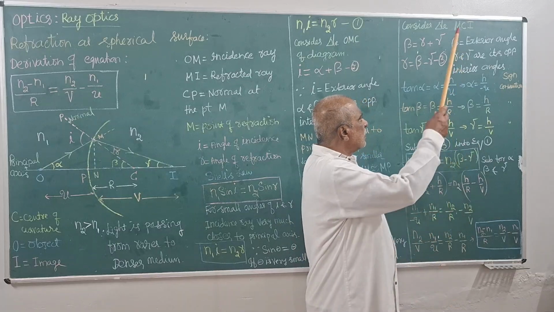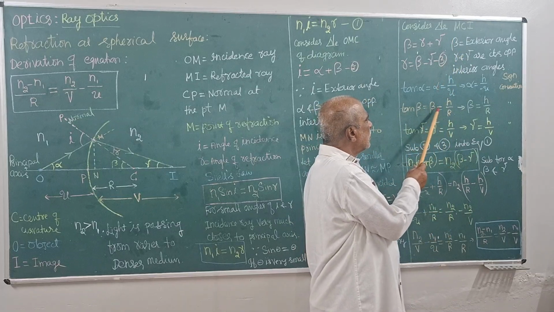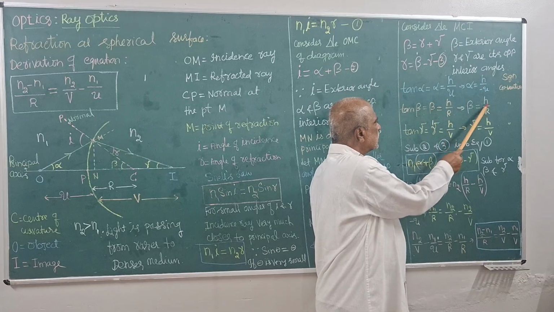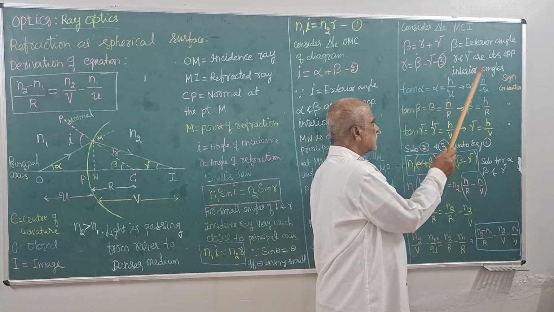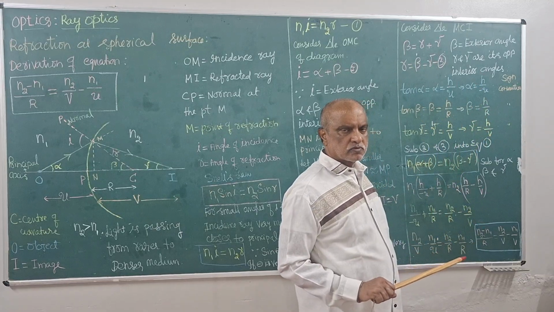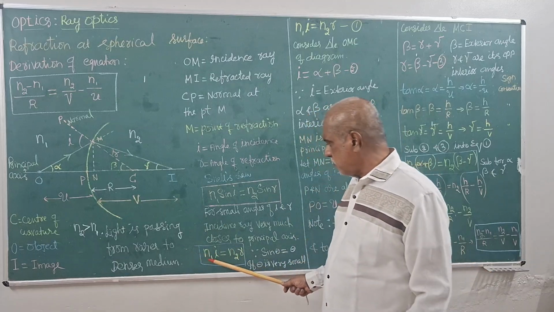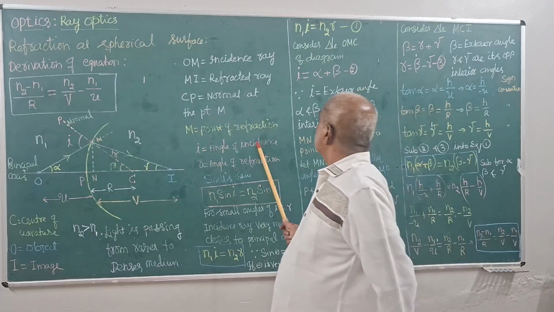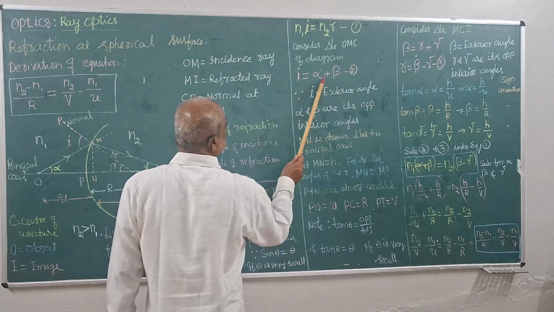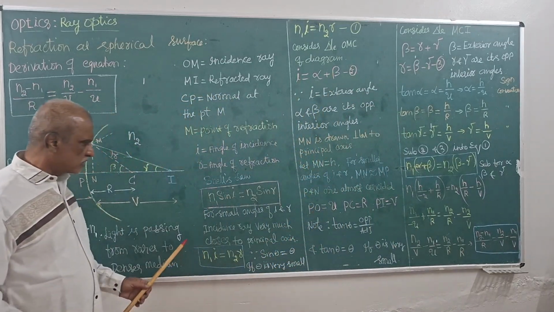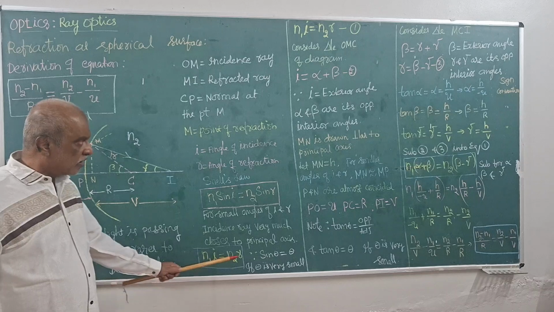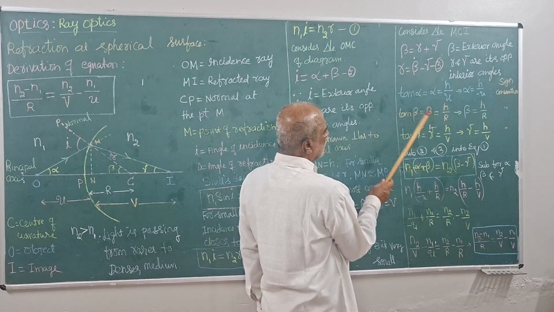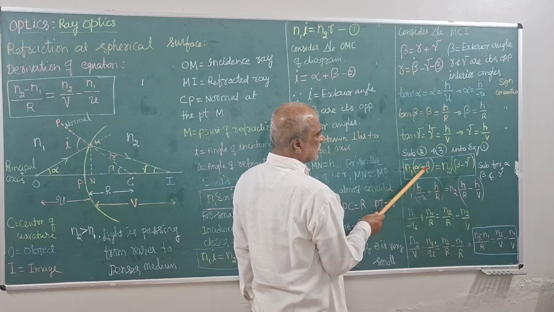So finally we have what alpha is, what beta is, and what gamma is. And we have N1I equals N2R. I already told you that I equals alpha plus beta. In this case, substitute for I and R, and we get this equation.